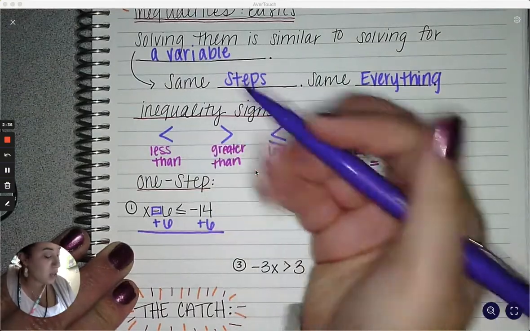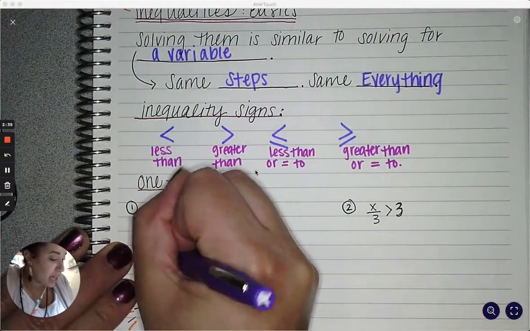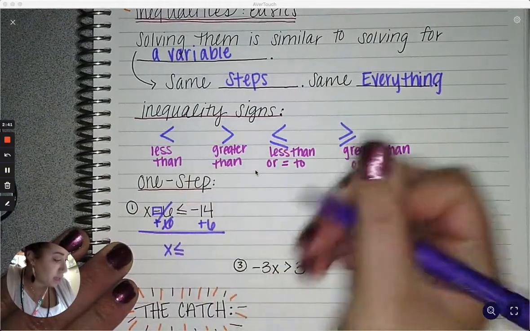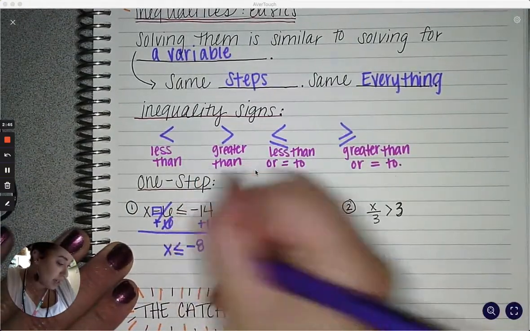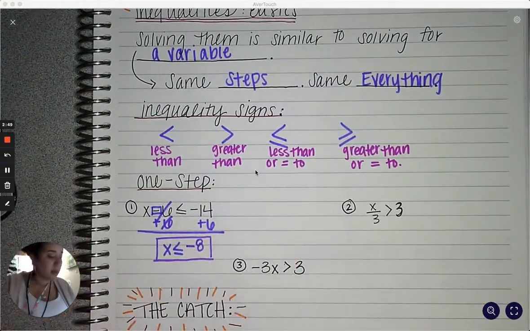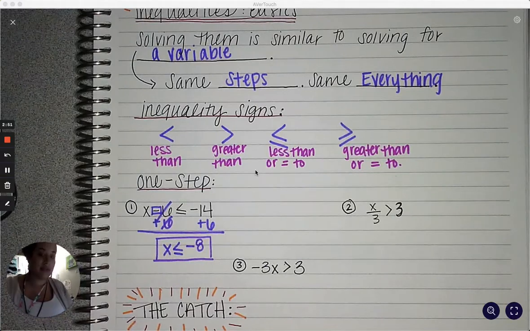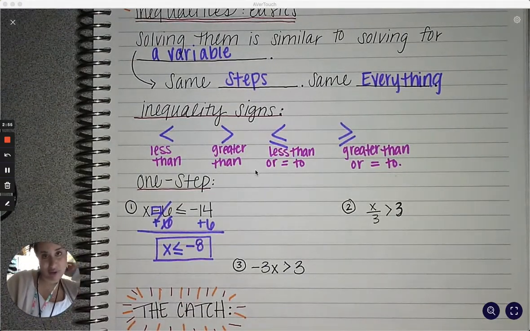When I add 6 to both sides, these are going to zero out. So I have x is less than or equal to negative 14 plus 6, which is negative 8. Okay, see, same steps. The only thing that's different is that inequality sign so far.